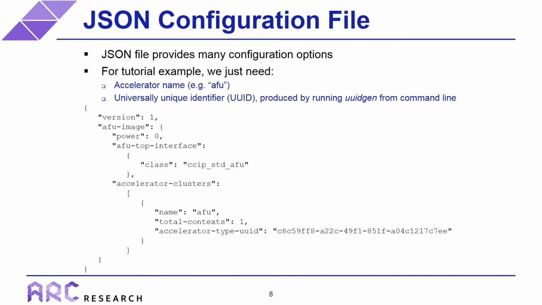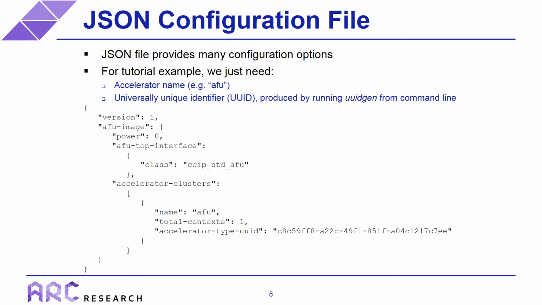Now that's important because if you're using this in a situation where the FPGA could potentially have different AFUs loaded at different times, you want to make sure that the right AFU is loaded before you actually execute your application. And that's what you use this identifier for: you basically ask the FPGA to provide you with an AFU that has this particular ID. If it doesn't, it will tell you, and then you can have appropriate error handling.